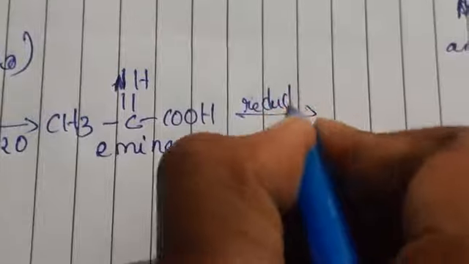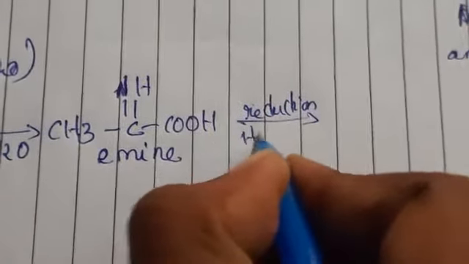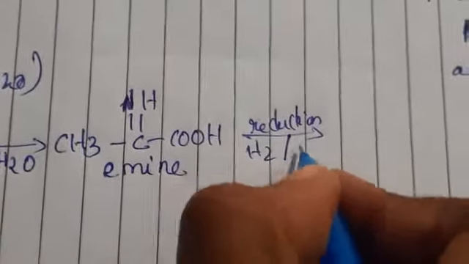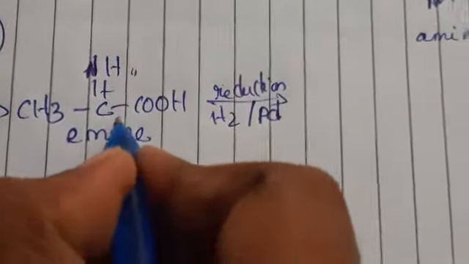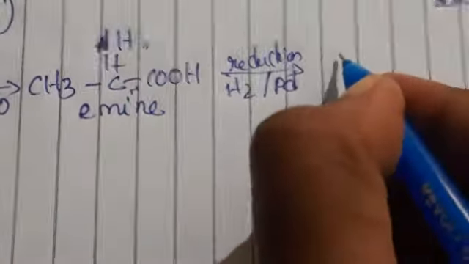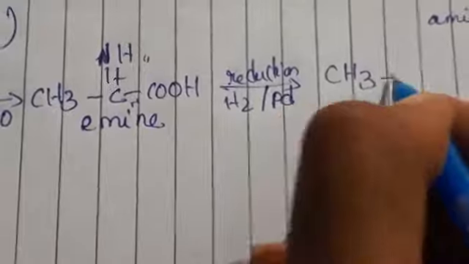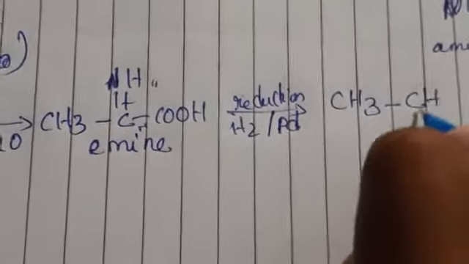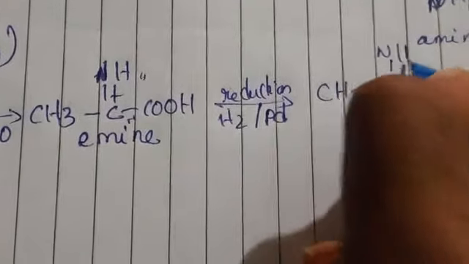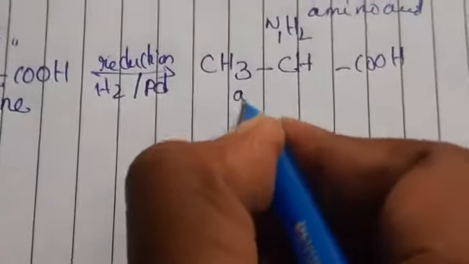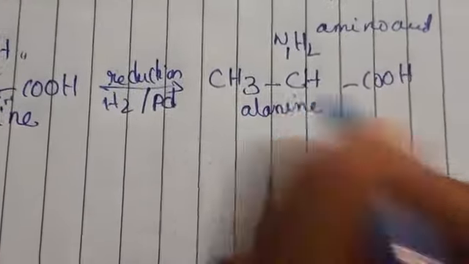reduction means addition of hydrogens, if we do it in the presence of palladium. So automatically what happens, if we break the bond here, here 1H, here 1H. So we are getting here an amino acid. Which amino acid we are getting? Alanine we are getting. So this is the alanine molecule.